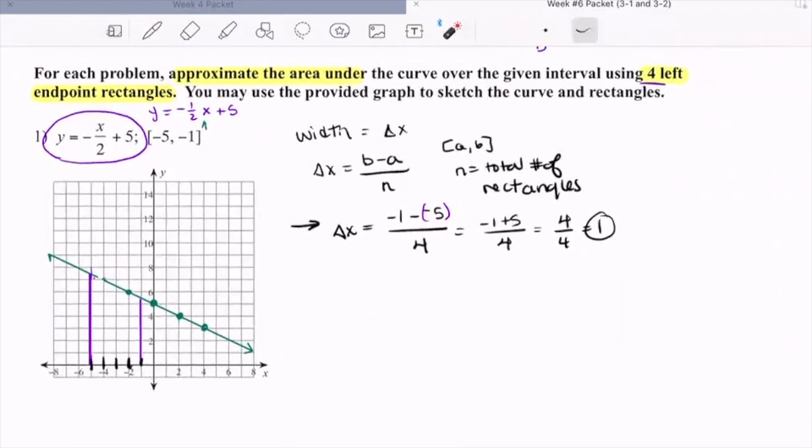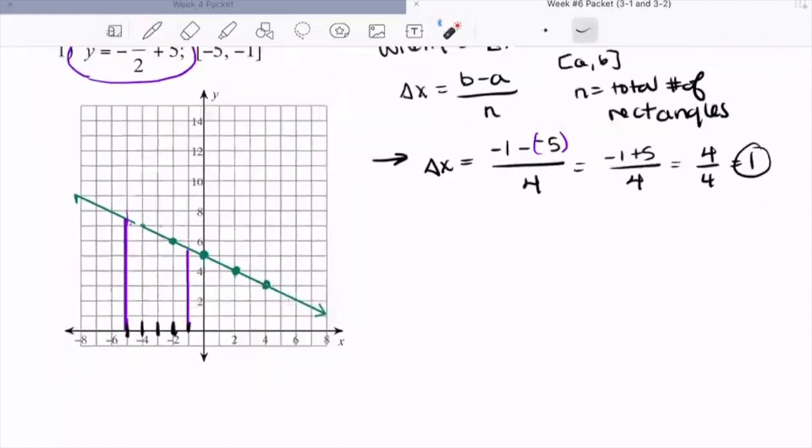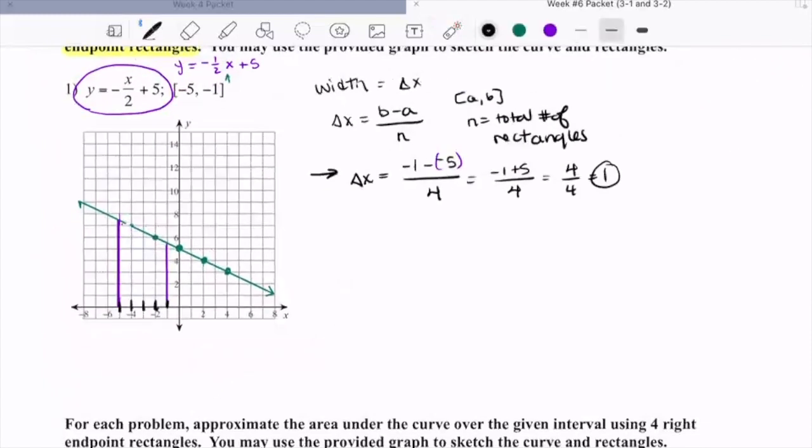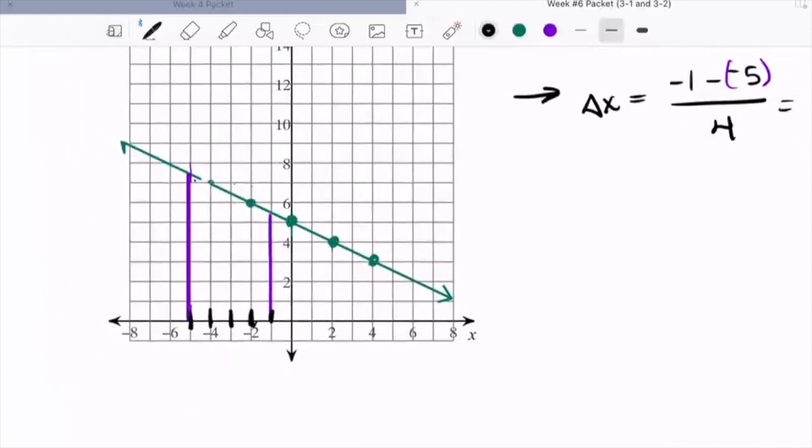So in these problems, we're asked to estimate the area using left endpoint rectangles. So that means when we're asking the question, how high do we draw in our rectangles? We're going to draw them in so that the left side of the rectangle hits our function. So I'm going to make that point big.